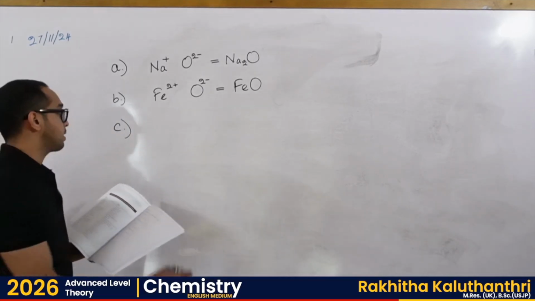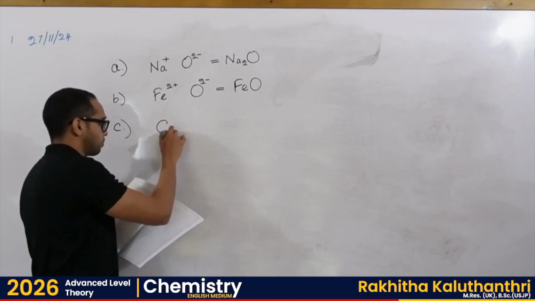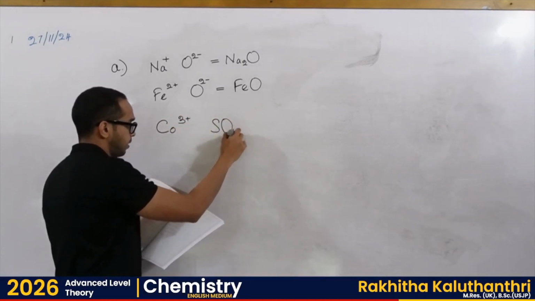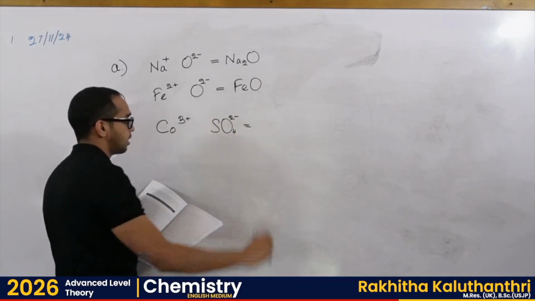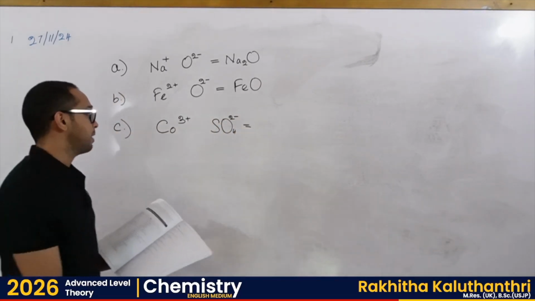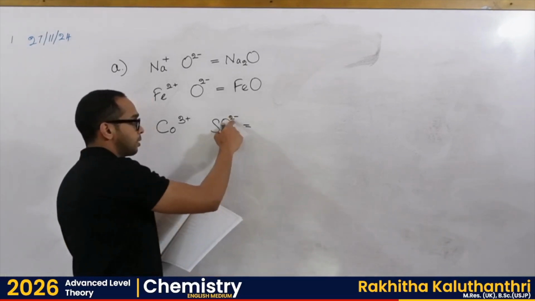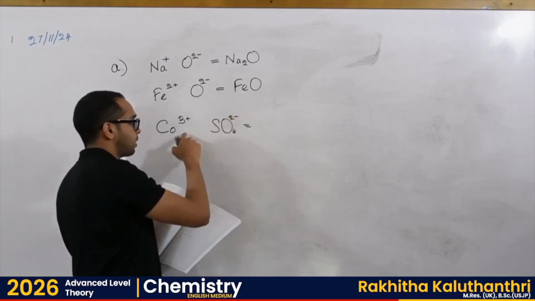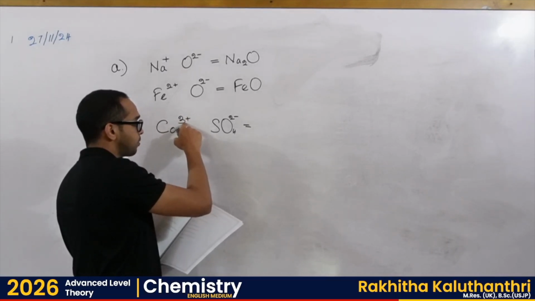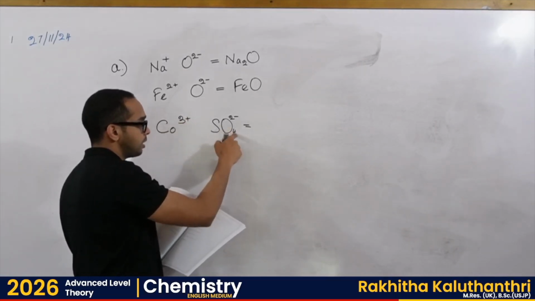Cobalt 3 sulfate. Cobalt 3 sulfate. So Co3+, and if you take sulfate, we have this charge over here. Then if you're writing cobalt 3 sulfate, you can write the charge of sulfate under cobalt and the charge of +3 under sulfate.